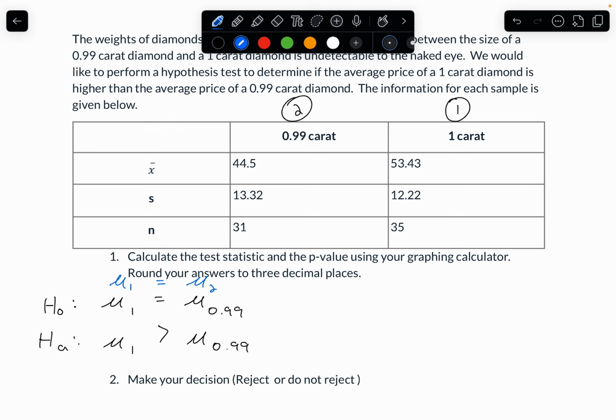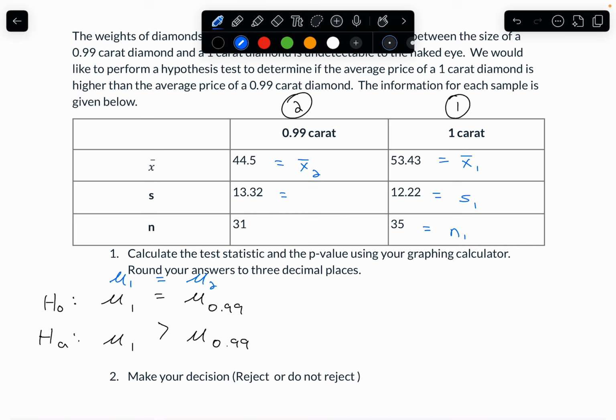So we said in the last video, 53.43, that was our X bar 1, 12.22, that was our S sub 1, our sample standard deviation, and 35 is N1. 44.5 was our X bar 2, the sample mean for group 2, 13.32 was our S sub 2, and 31 was our N2.